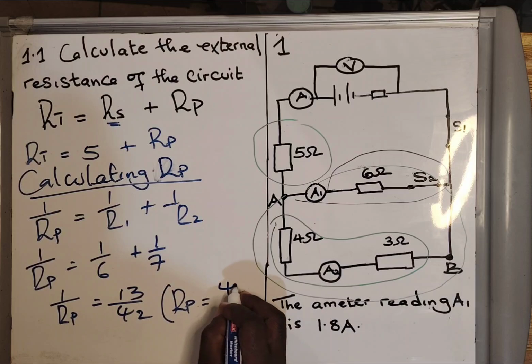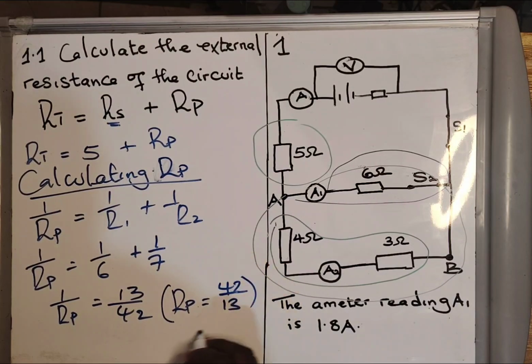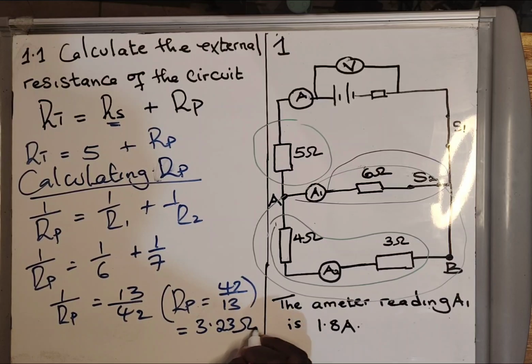Then you get 42 over 13. This gives you our RP, which from the calculator is going to be 3.23 ohms. So there we are. We just got our RP.